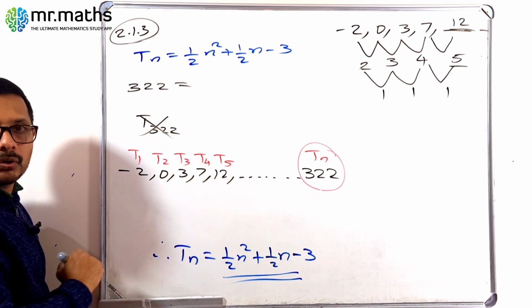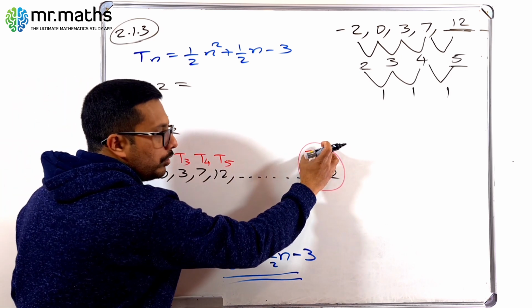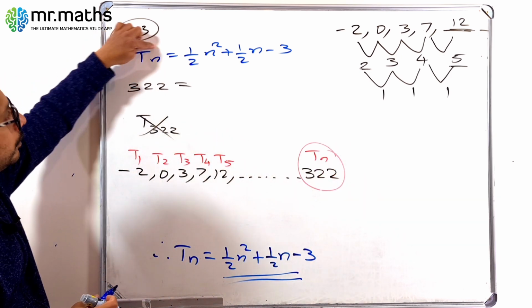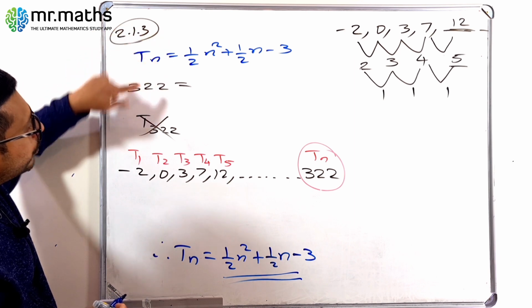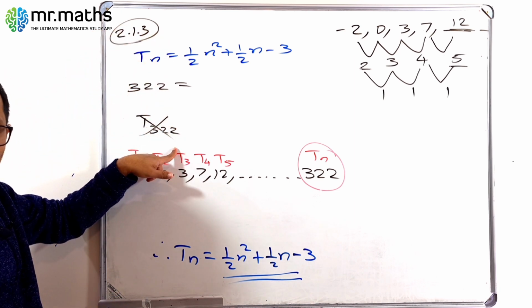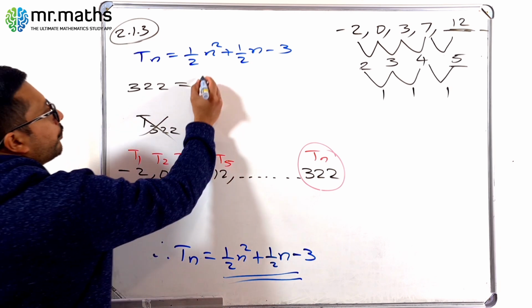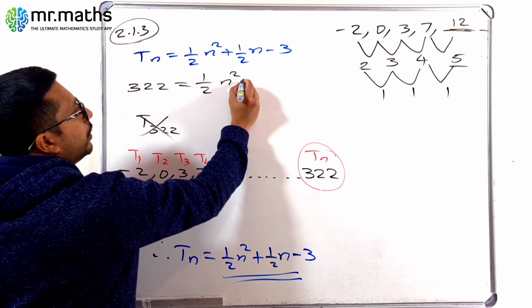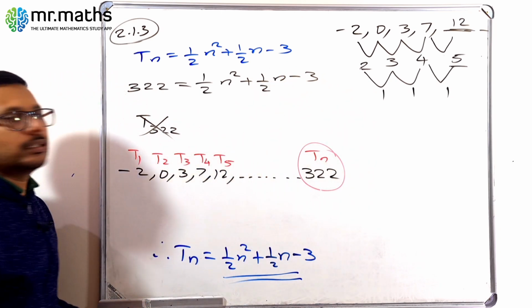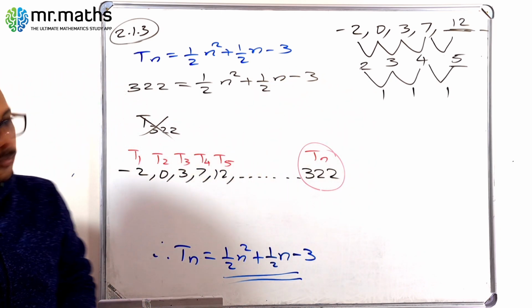The value of this Tn is 322, so instead of writing Tn, you have to write 322. Don't write T322, that's wrong. 322 is equal to half n square plus half n minus 3, that is the expression.